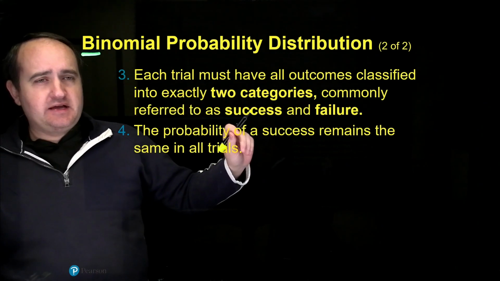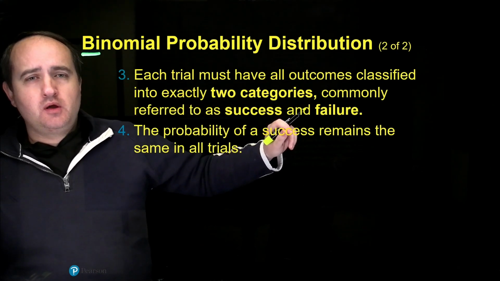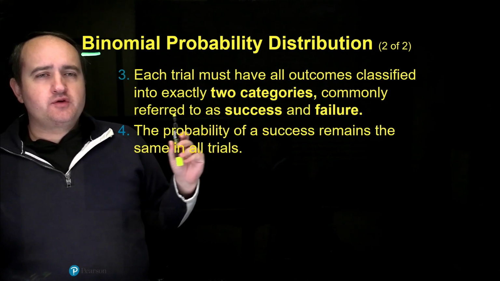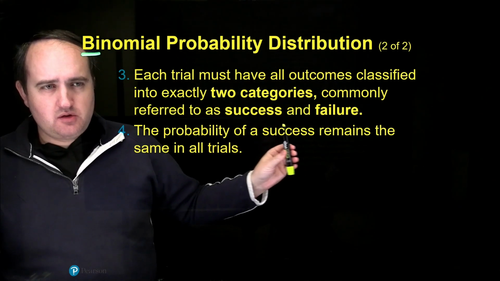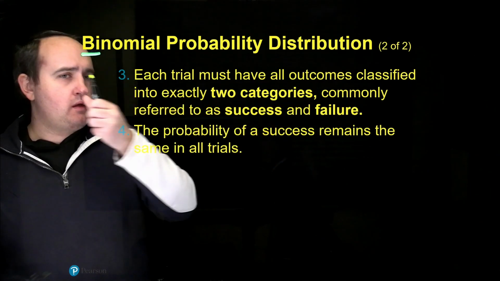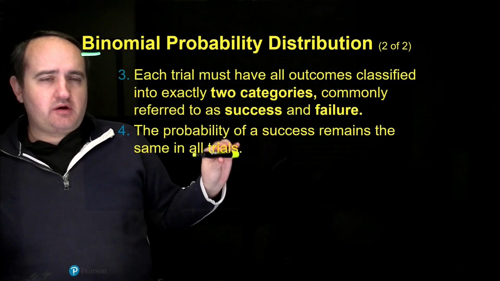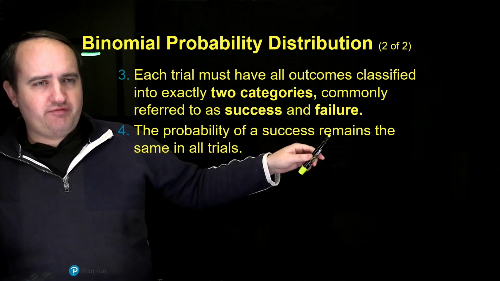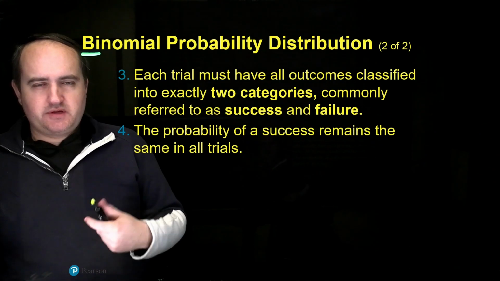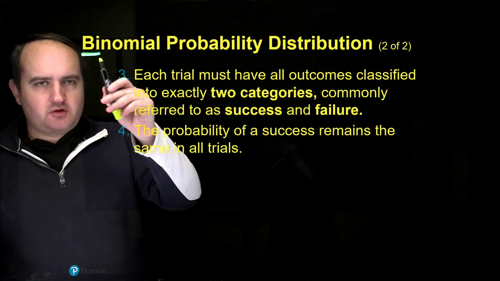Binomial has exactly 2 categories of outcomes. And they refer to those categories as success or failure. So those 2 possible outcomes are either going to be success or failure. And because there are 2, just like a bicycle has 2 wheels, that's why it's called binomial.